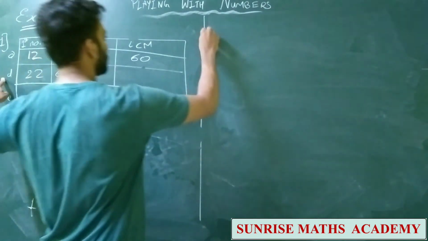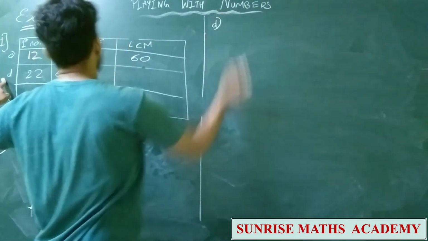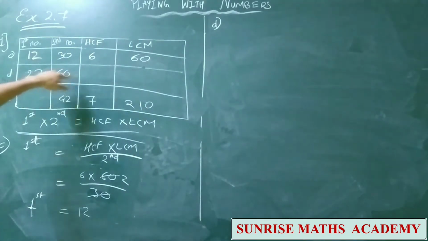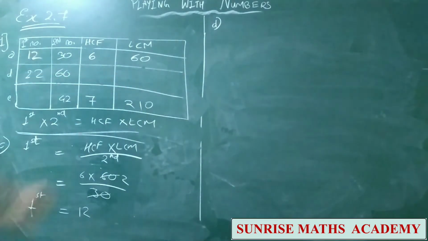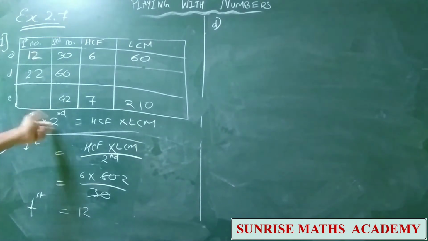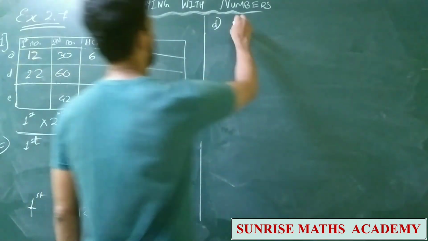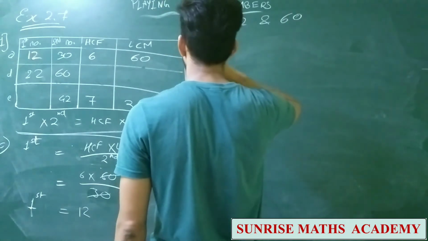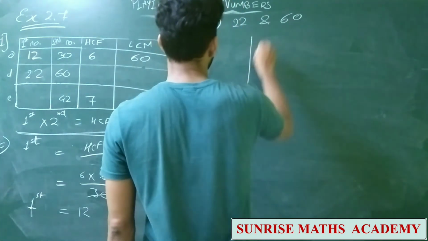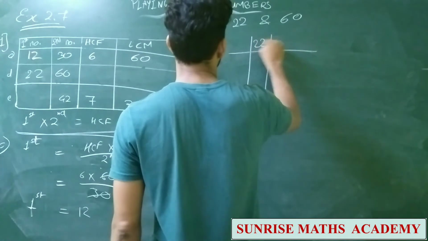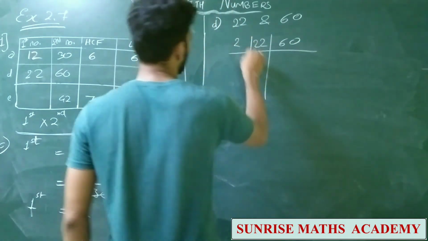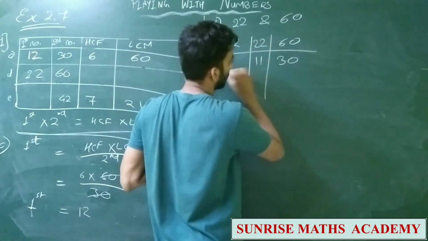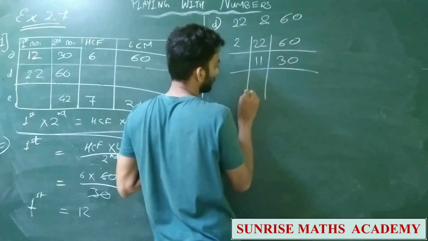And in this one, first and second number is given, HCF and LCM both are not given. So we can find the HCF, use the formula, or we can find the LCM and then use the formula to find the HCF. So 22 and 60. We can find the LCM by common division. 2 11s are 22, 2 30s are 60. Now they don't have any common factor.